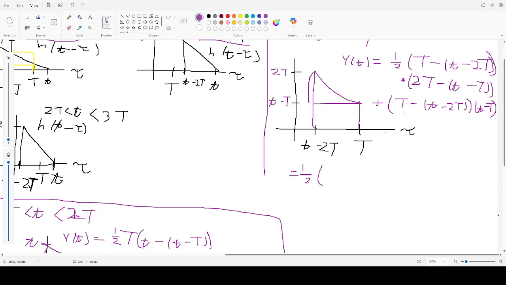Inside this parentheses, we've got big T minus negative 2 big T. So that is 3 big T minus little t, times this thing, which is 2 big T minus negative big T, so 3 big T minus little t.